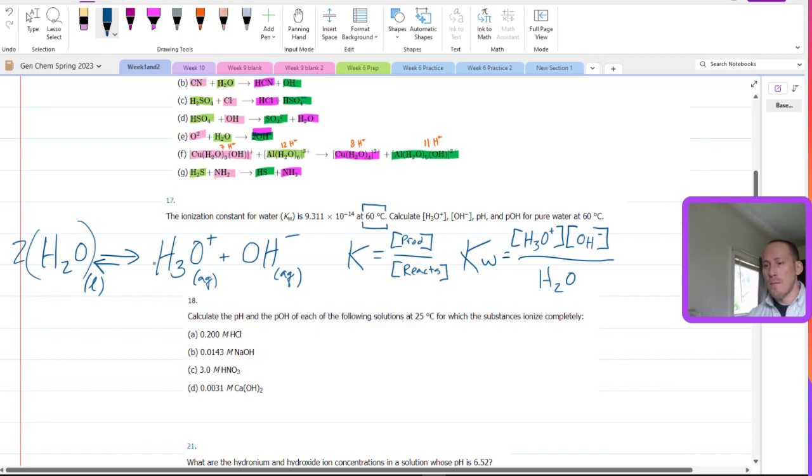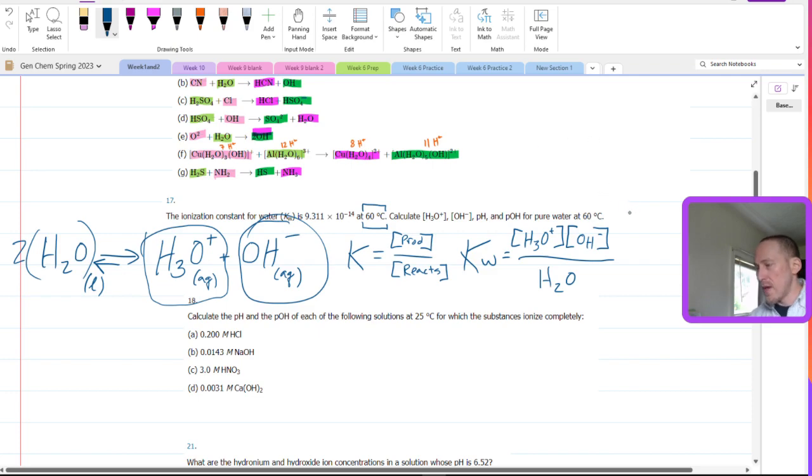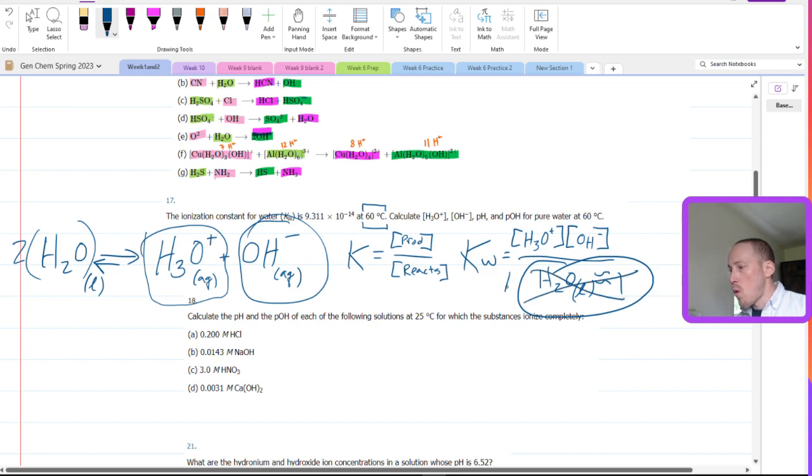Dissolved aqueous hydronium or hydroxide behaves differently than if you had a pure cup of hydronium or hydroxide. I don't know if that is a reasonable thing to even talk about. It would probably be some weird plasma or something. But it has an activity. So aqueous and gas go into these expressions, but liquid and solid don't. Since water is a liquid, it's as if that equals 1, so basically this whole thing equals 1.